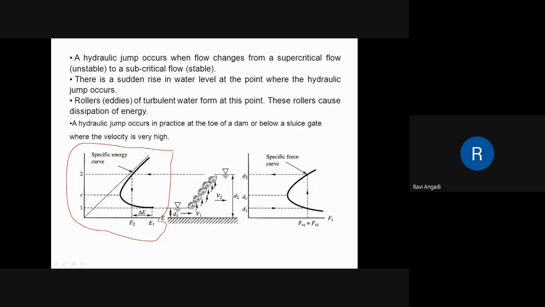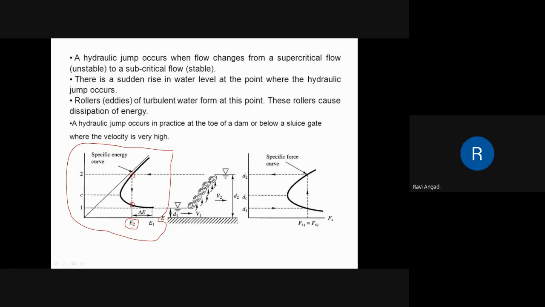So you can classify, and at a given specific energy, there will be how many depths? Can anyone tell how many depths we get? Two alternate depths and one critical depth.